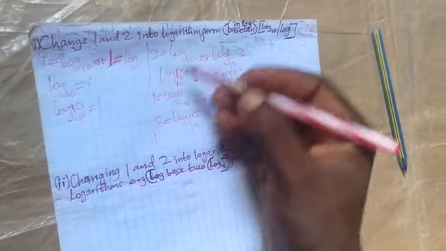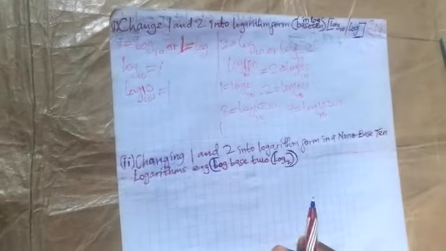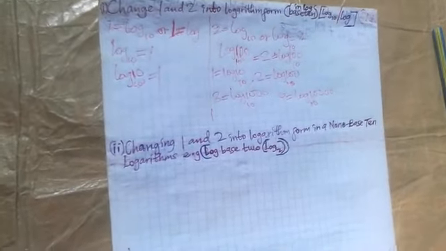As you have seen from our calculation, that's how we can regenerate our logs from whole numbers.